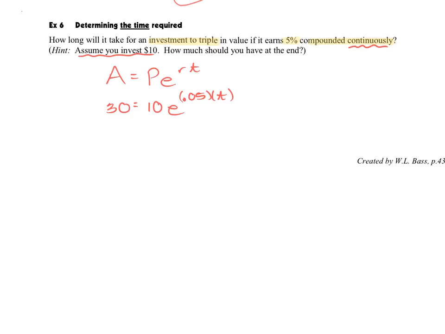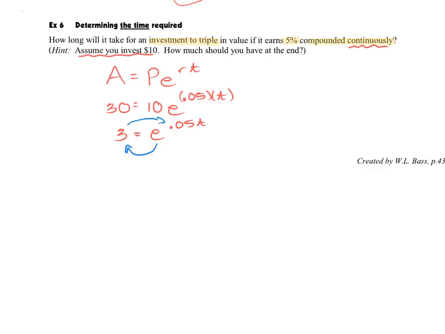So now we can divide both sides by our 10, and we'll get a 3 on the left-hand side. Remember, we wanted it to triple, so that 3 should make sense to us. e to the 0.05t. This should look like what we did on the uninhibited growth page and all of our solving exponentials. Convert this to a logarithm.